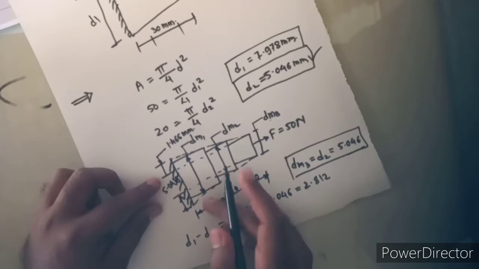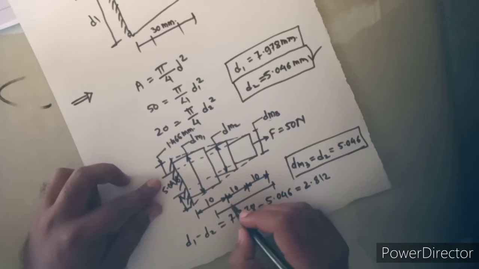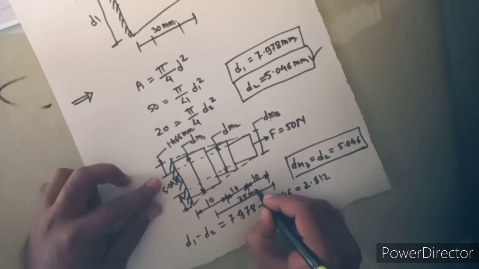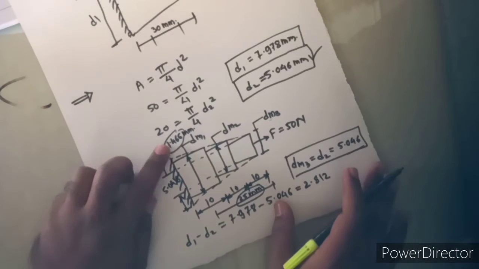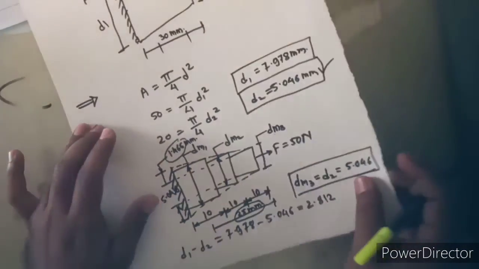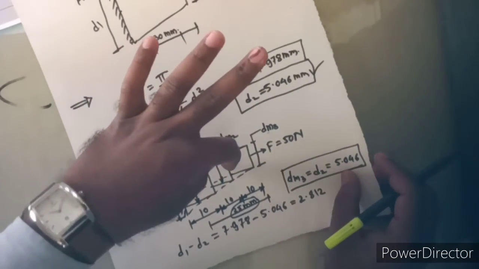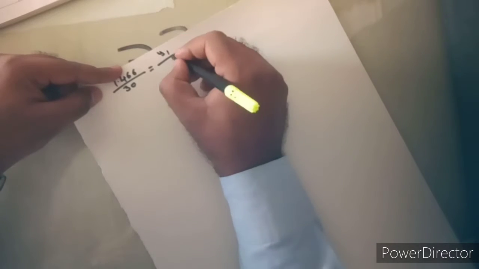Next, the middle of this length of 10 is 10 plus 10 plus 5, 25 mm. This value and this value you take for finding y1, y2. For y1, 1.466 divided by total length 30 equals y1 divided by 25.